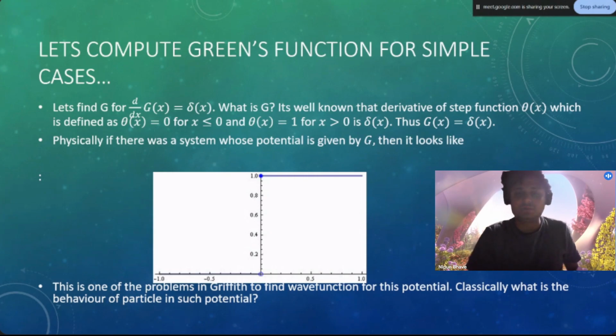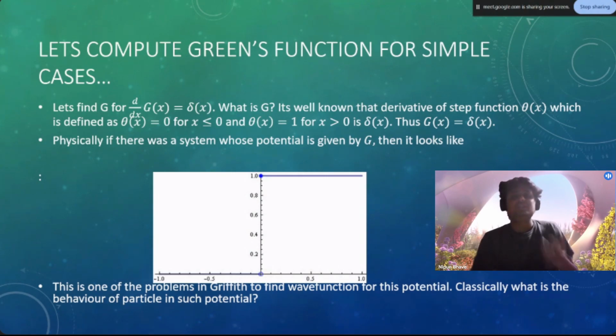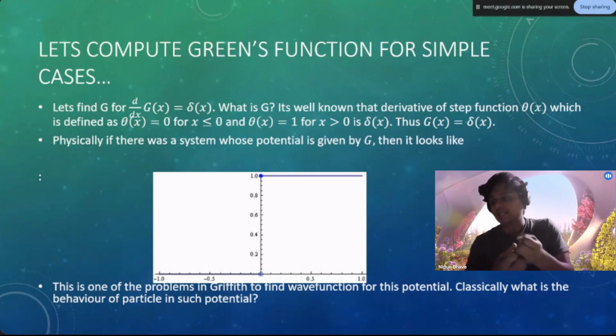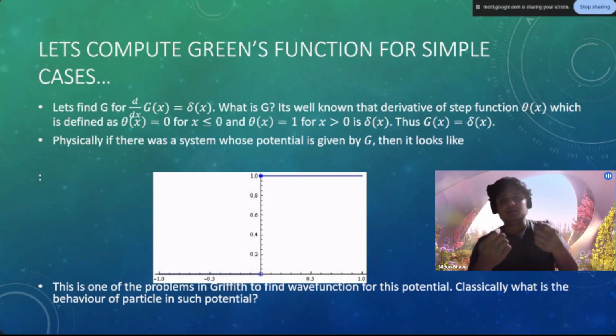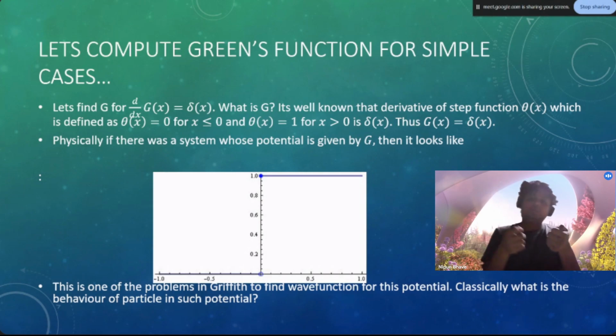And you can think of this g of x as a potential for a classical particle. And you can also simulate, as Shreyash pointed out. You can do simulations with this and try to find the dynamics of two particles which have a potential like theta of x between them.